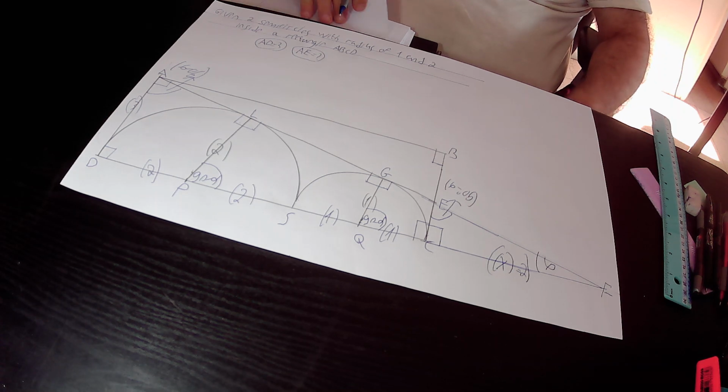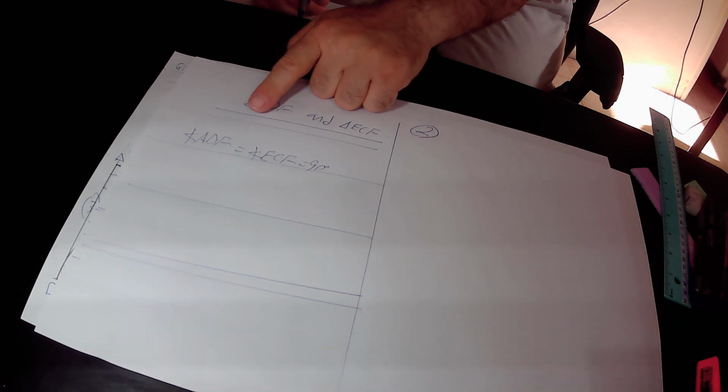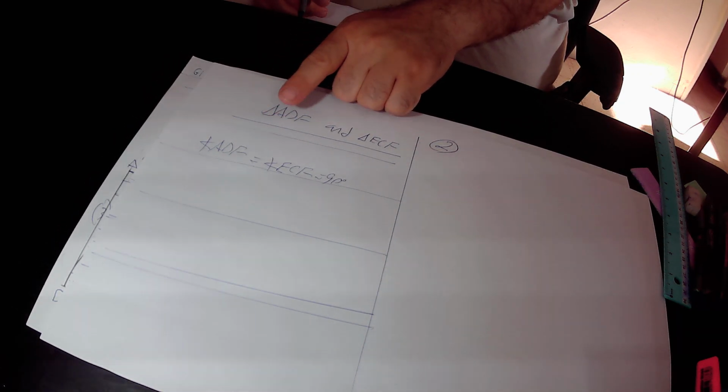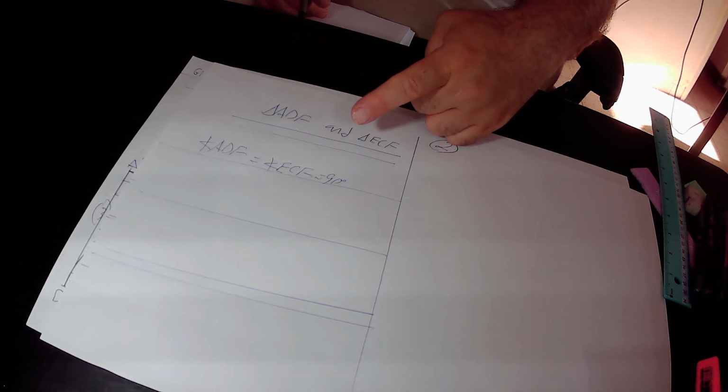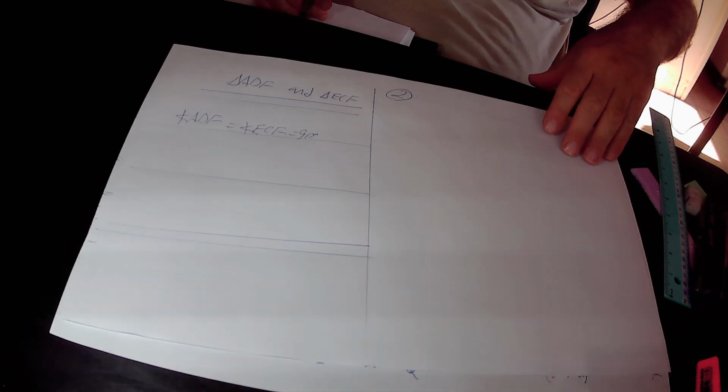So repeat again, we found out that angle ADF in the big right triangle ADF equals angle ECF in the small right triangle ECF. They are both equal to 90 degrees, and therefore they are equal to each other.